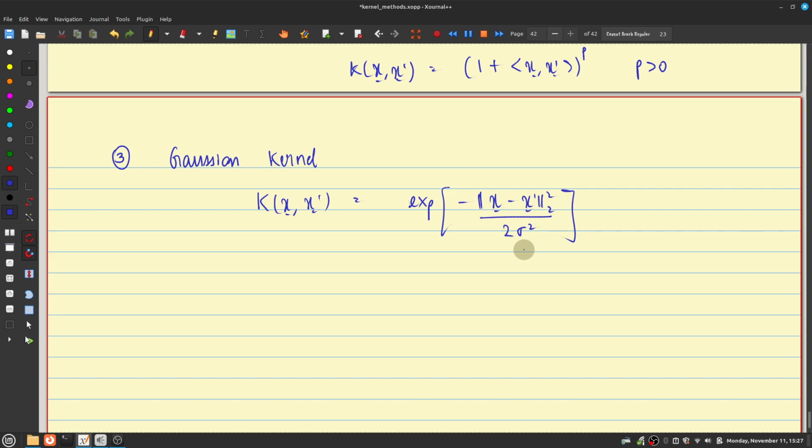I claim that this is also a PDS kernel. In a little bit, we'll see what kind of feature map this corresponds to, and we'll see why this is a PDS kernel.